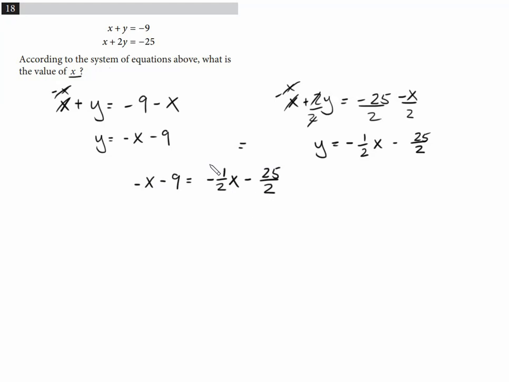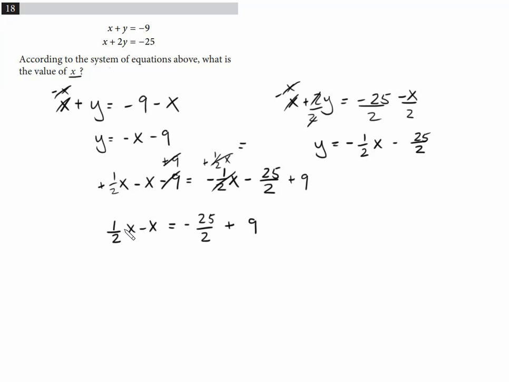So we're going to add 1/2 x, which cancels that out, and add 9 to cancel out this -9. So let's rewrite this. We have 1/2 x minus x equals -25/2 plus 9.